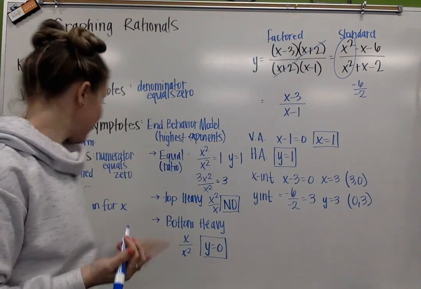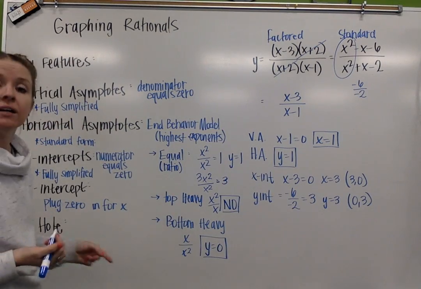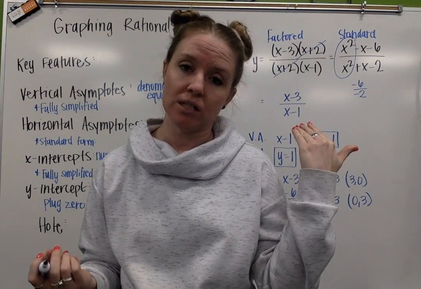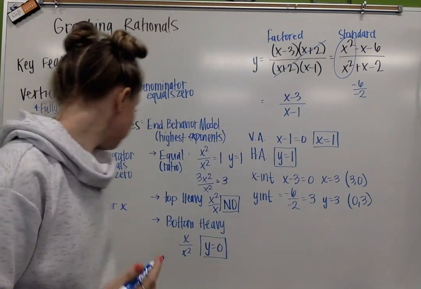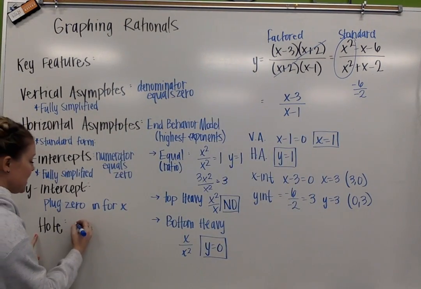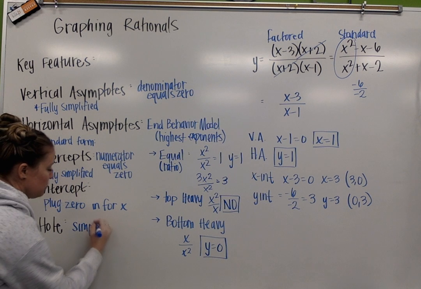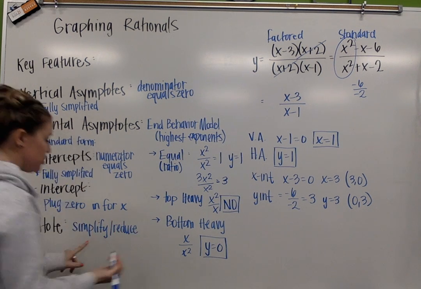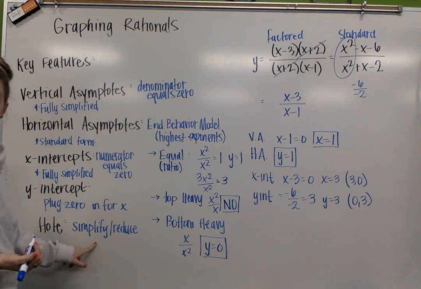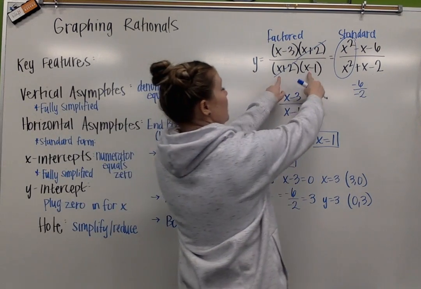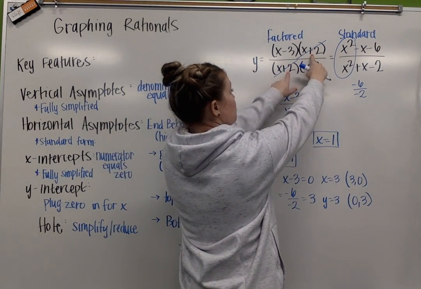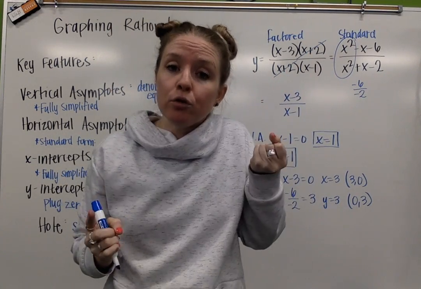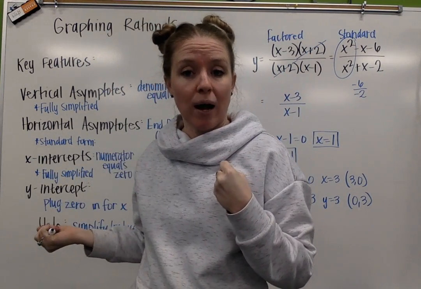Okay, and then our last key feature is if there's a hole in the graph. Some computer systems can't show a hole in the graph, but I'm going to show you what it's going to look like for us. So a hole happens anytime we're able to simplify or reduce our function. So if I can simplify or reduce my function, I'm going to have a hole in the graph. So here, notice that I was able to cross out my x plus 2 divided by x plus 2. Though simplified to 1, I removed it from the function, is why it's a hole.